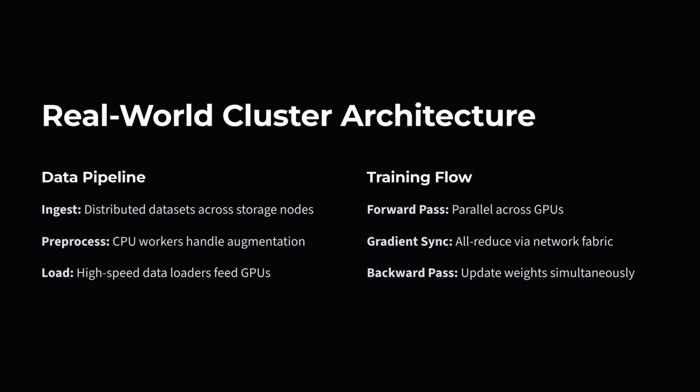The forward pass runs in parallel across all GPUs. During gradient synchronization, all-reduce acts like a round table, where every participant shares updates and agrees on a unified result. The backward pass then updates weights consistently so every GPU remains aligned.